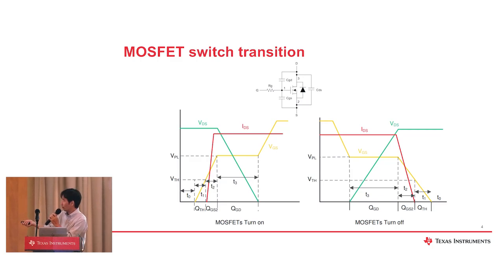At T0, the MOSFET is off. At the end of the T0, the VGS starts to increase.